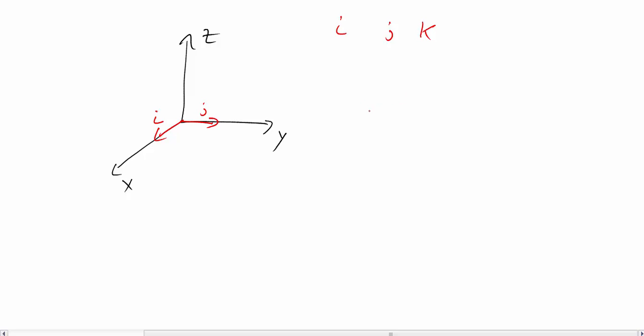So what that means, if I was to take i cross j, if I was to take the cross product of i and j, that's going to be equal to k. And k is the vector, remember, that's going to go in the z direction. So here's k, and notice it is perpendicular where it forms a right angle with both vectors i and j.